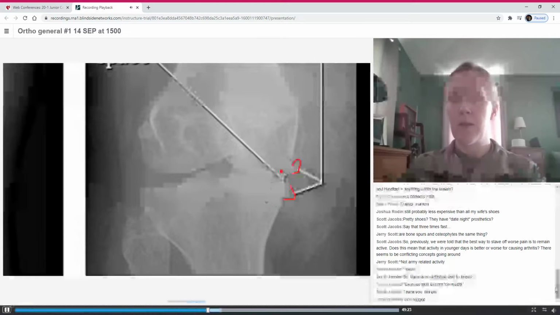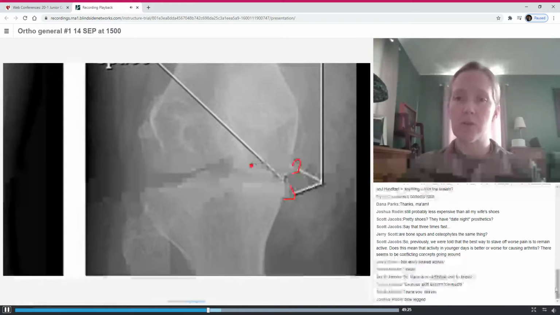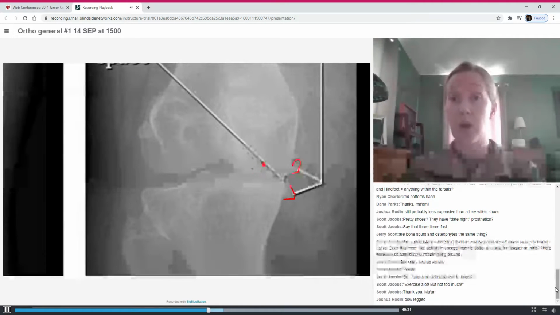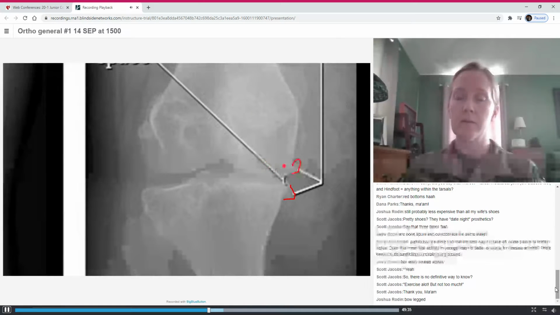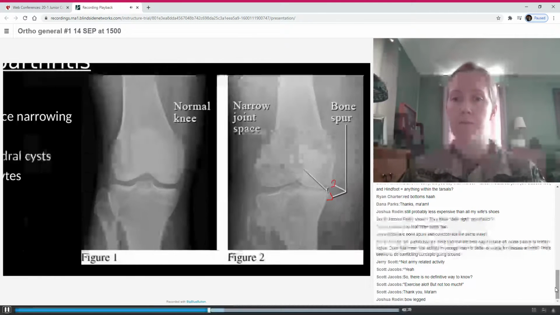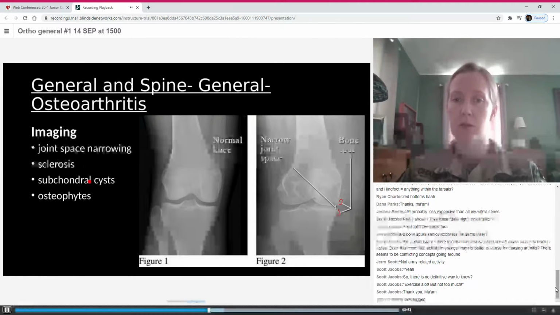And then occasionally you'll get some subchondral cysts as well. Or sorry, the circle is black within the bone just deep to the cartilage. So: sclerosis, subchondral cysts, osteophytes, or bone spurs.